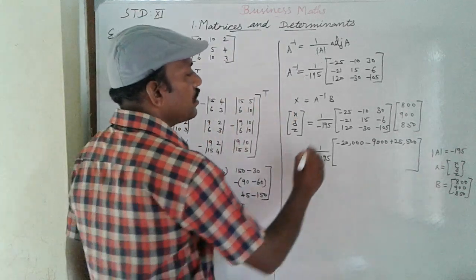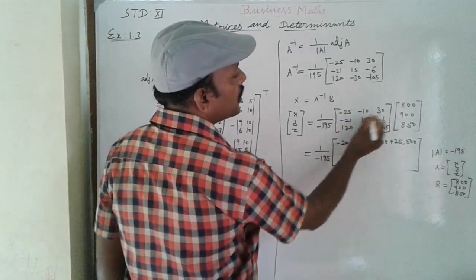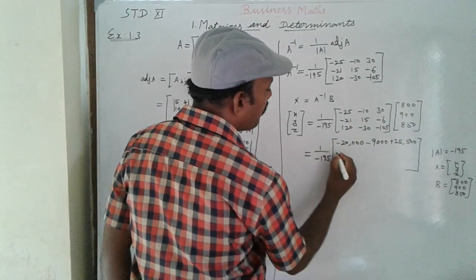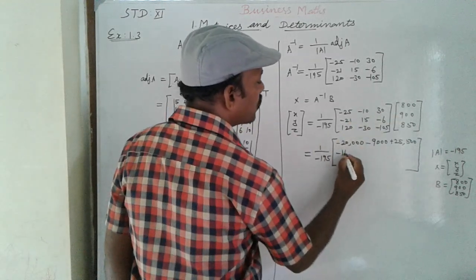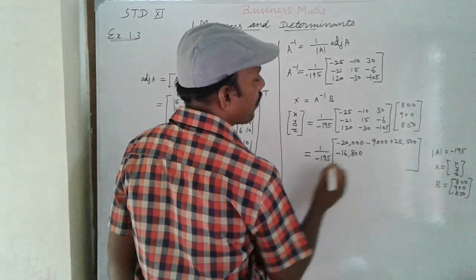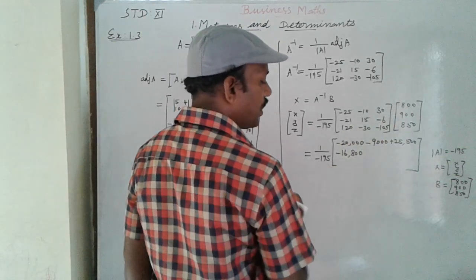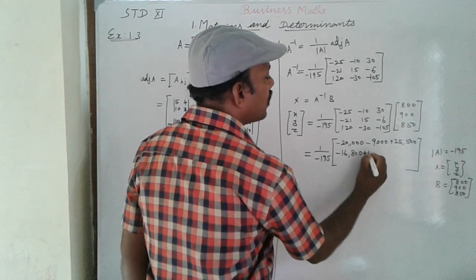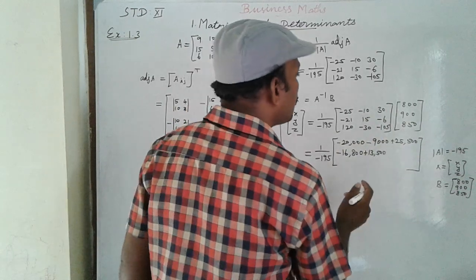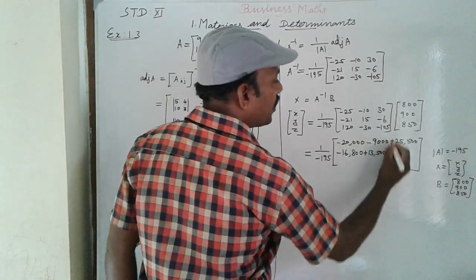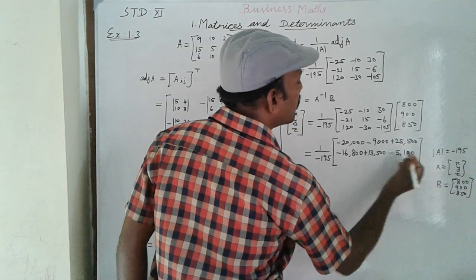Next is the second row with the first column: minus 21, minus into plus is a minus, 21 into 800 is 16,800. Next plus into plus is a plus, 15 into 900 is 13,500, minus 6 into 850 is minus 5,100.